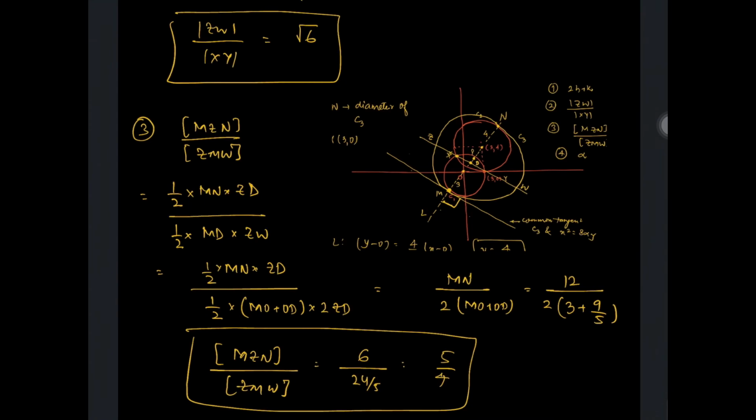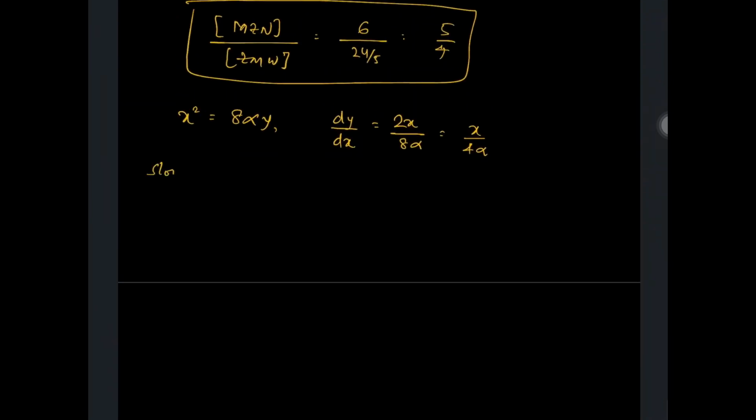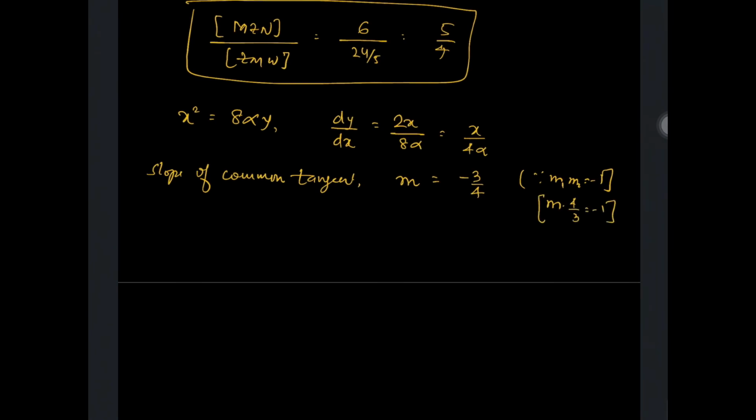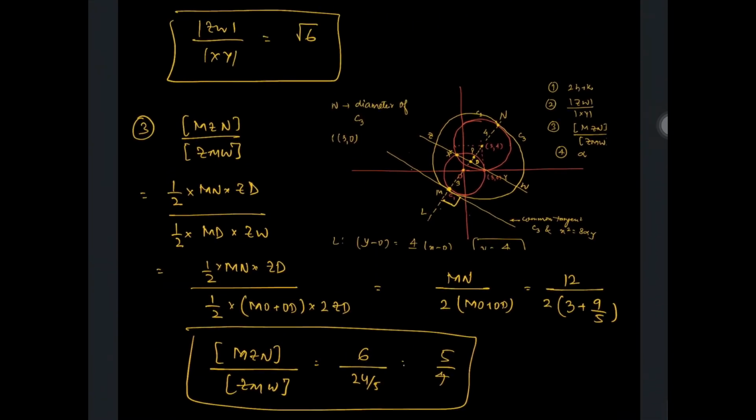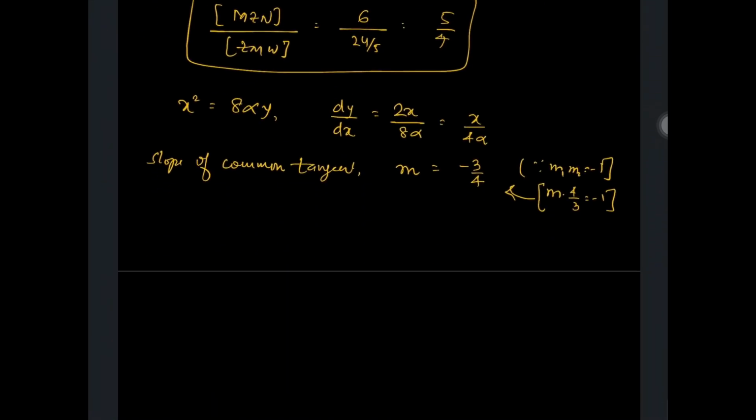So the slope of the common tangent, M, that will be minus 3 by 4, since M1 M2 is minus 1 for perpendicular lines, and if I can write M into 4 by 3 is minus 1, so M is minus 3 by 4, and it is passing through this point M, and the coordinate of M is (minus 9 by 5, minus 12 by 5).